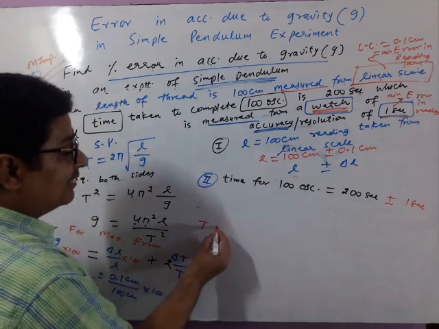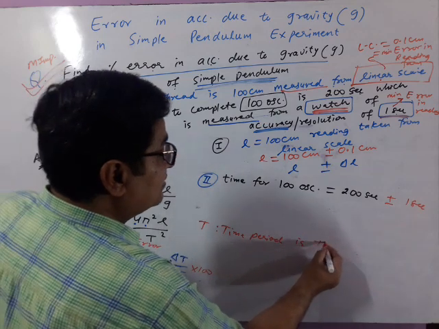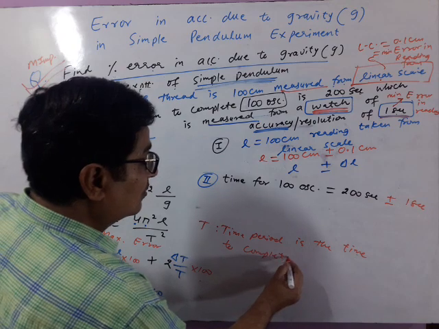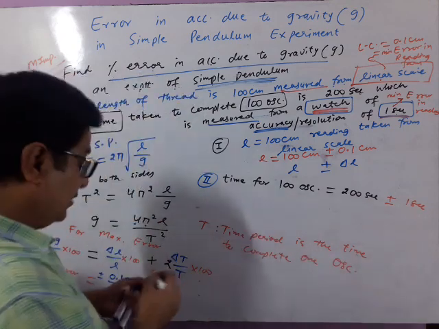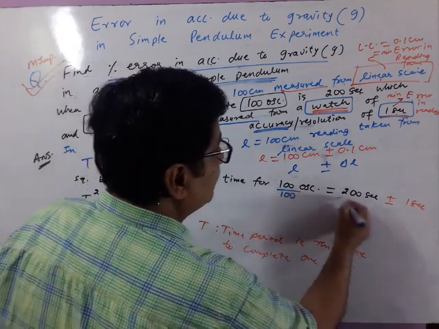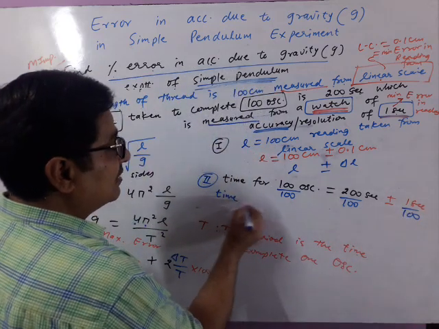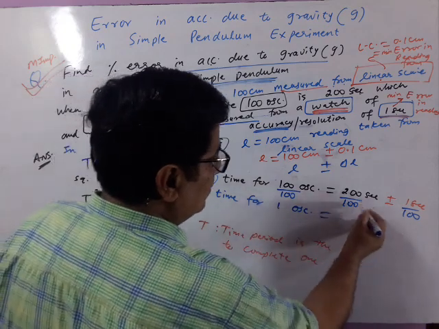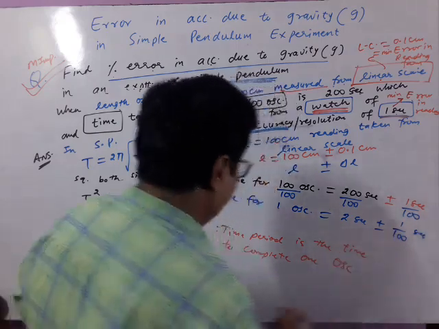Remember, time period is the time to complete one round, one oscillation, and it is given for 100 oscillation, dividing both sides by 100. You see, it will become time for one oscillation 2 seconds plus minus 1 by 100 second.